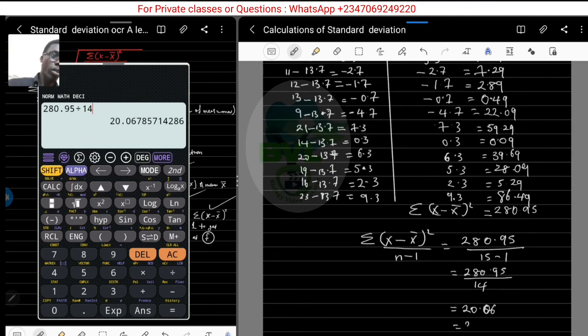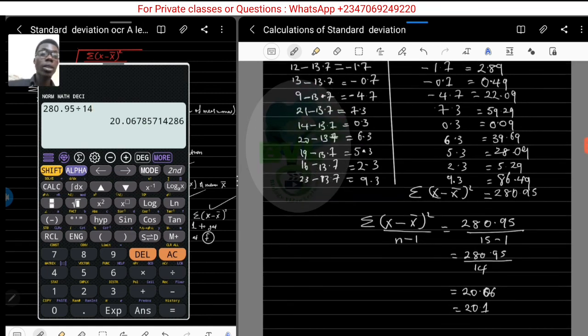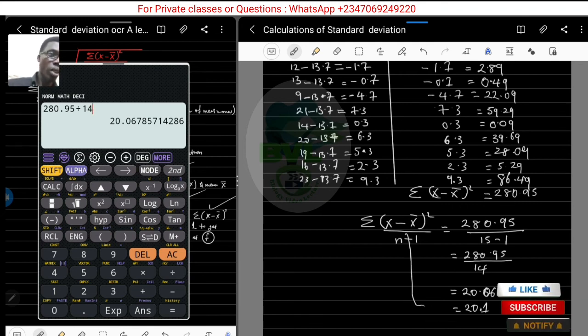That could be 20.1 when we approximate that. Okay, that means this whole thing is the answer for this here.